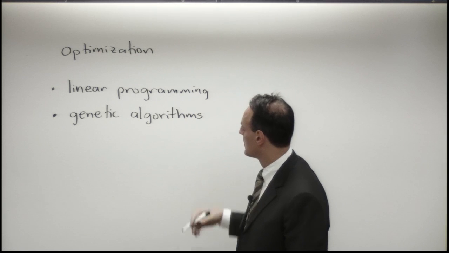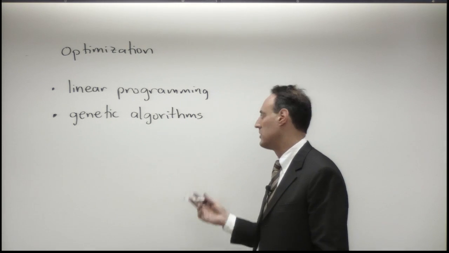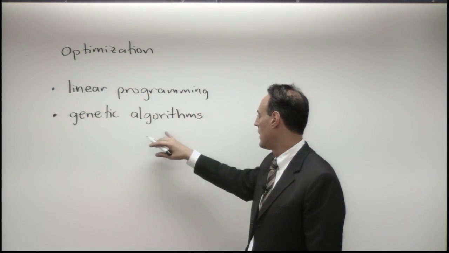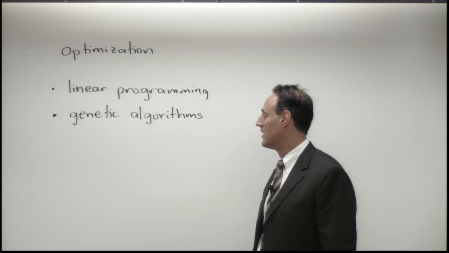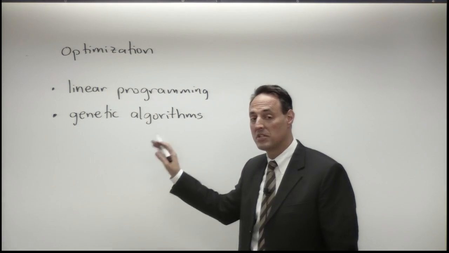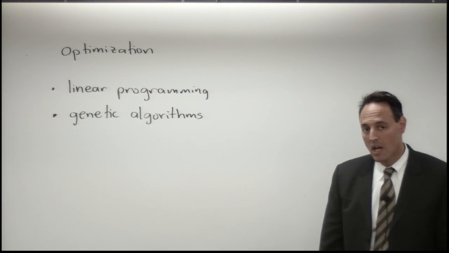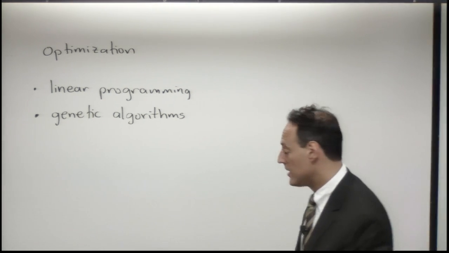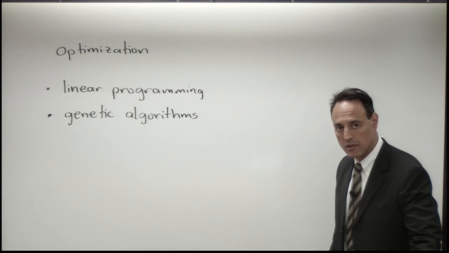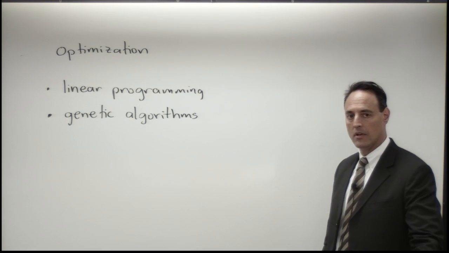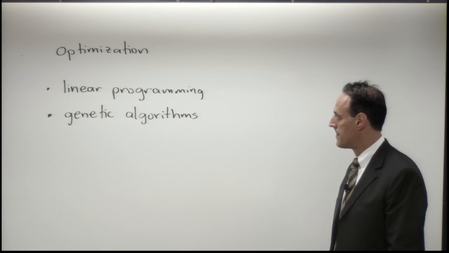Linear programming is quite old. And you'll actually see why we have this name genetic in front of the algorithm. It's a very nice thing. But they're both optimization algorithms. Again, what they're trying to do is figure out ways that they can methodically go through and get you a solution to a given optimization problem.